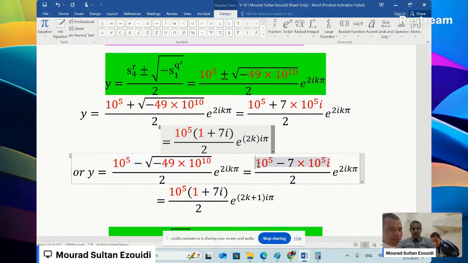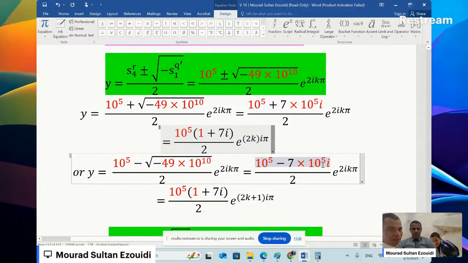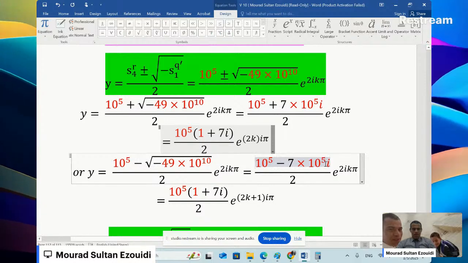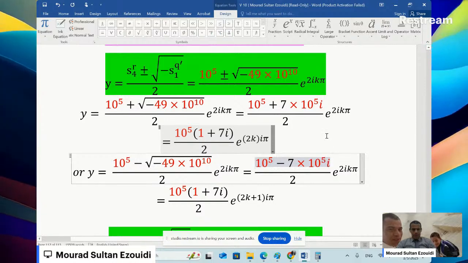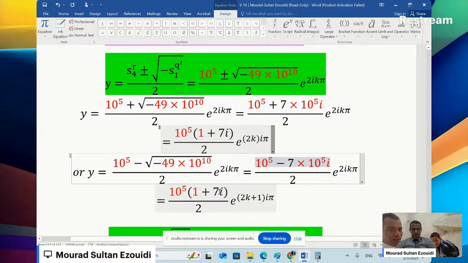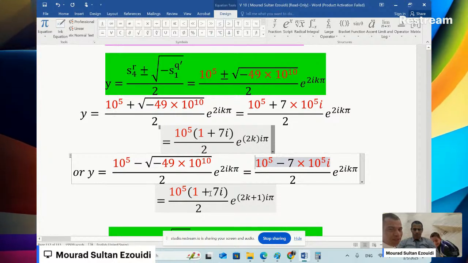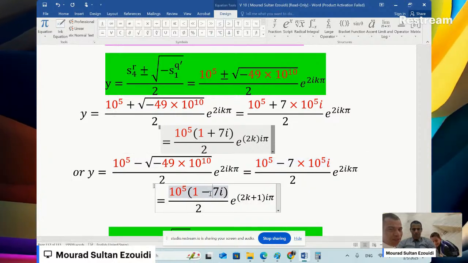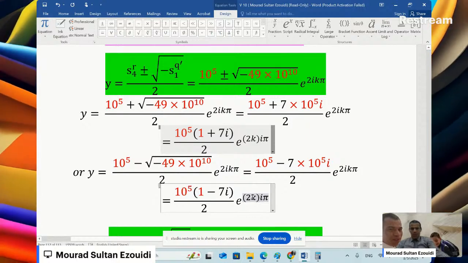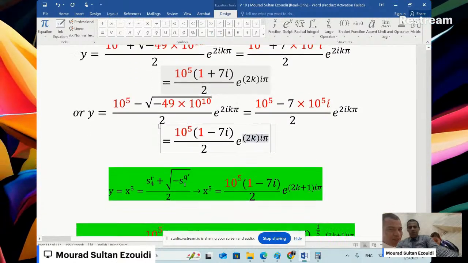Then this is correct. After that, I will just put 1 minus 1 minus and erase this one. Okay, so these are the roots of my new trigonometric equation.